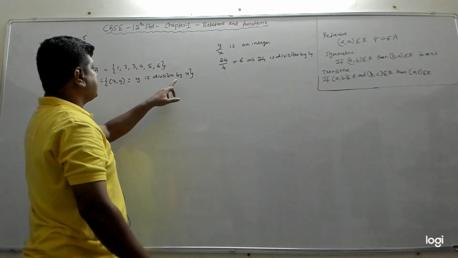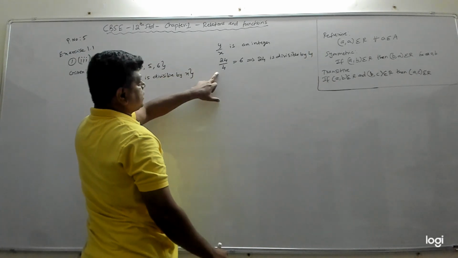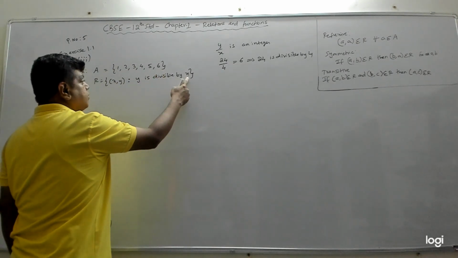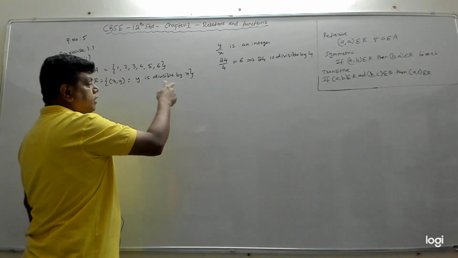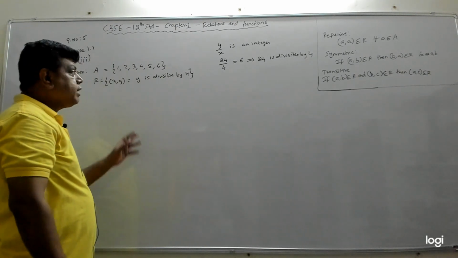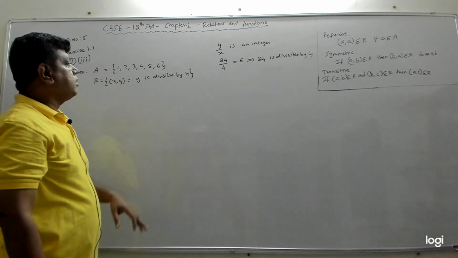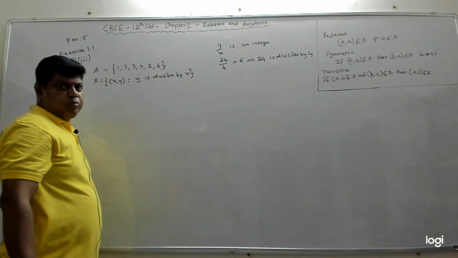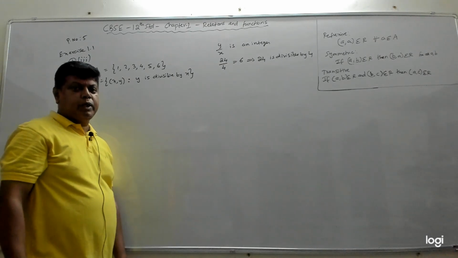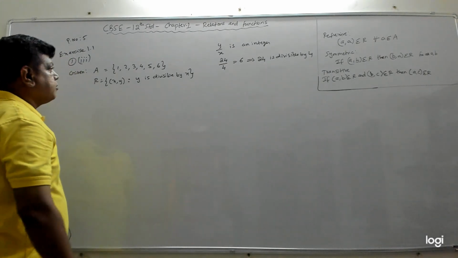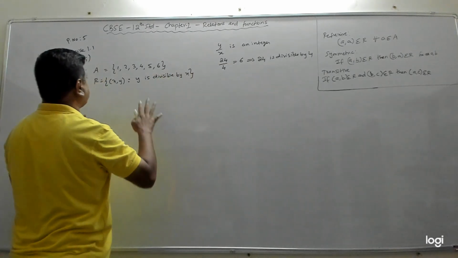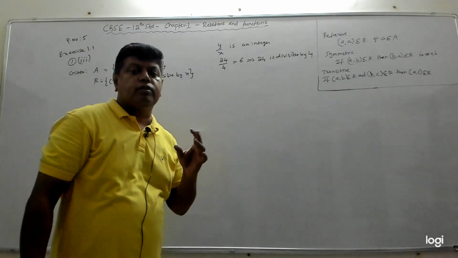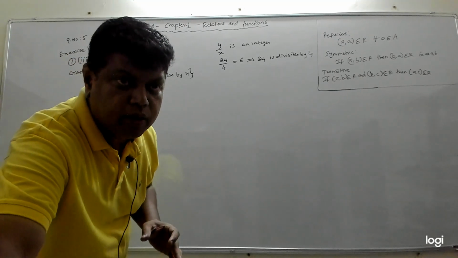So y is divisible by x means y by x will be an integer, which means x will divide y exactly. Or you can also say y is a multiple of x. There are many ways to understand this, but this is how the relation is. Now we need to check whether this relation is reflexive, symmetric and transitive.